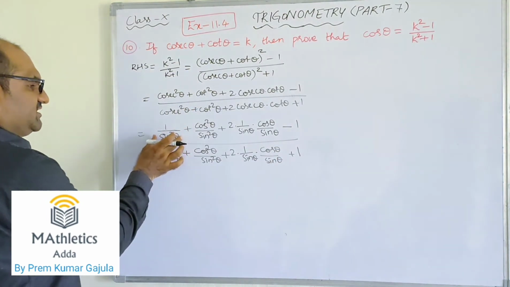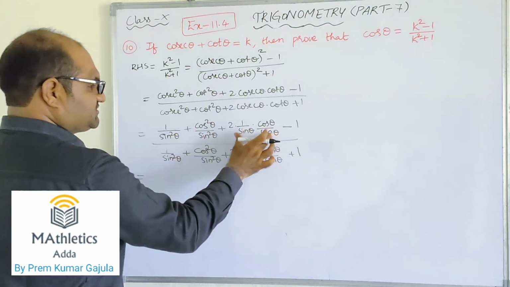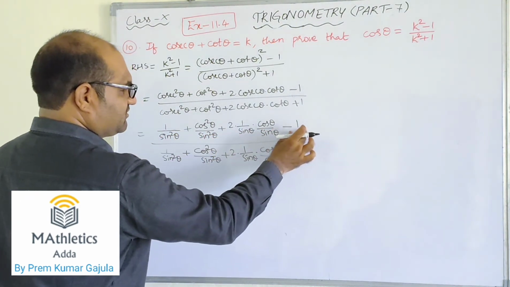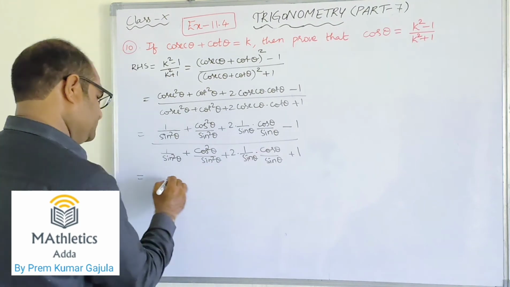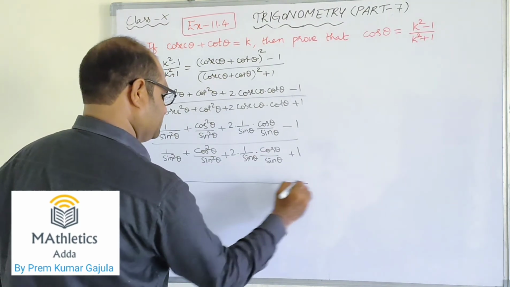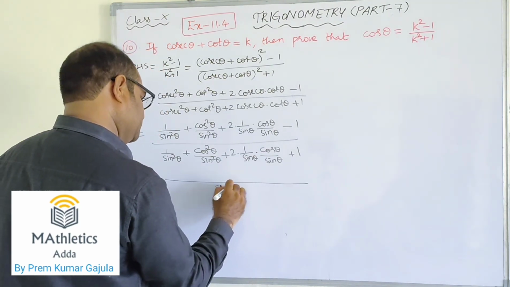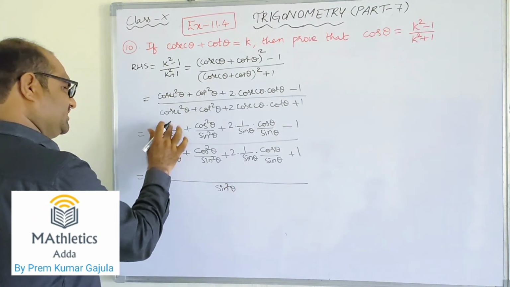So here if you observe, the denominators are sin square, sin into sin, square. We don't have any denominator for the 1. So let us simplify. If you simplify that, you will get sin square theta as the denominator, and here 1 is there.